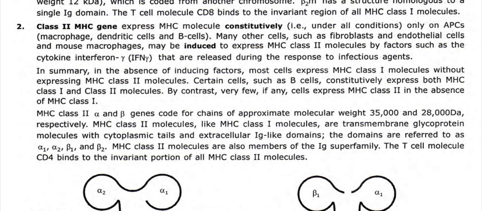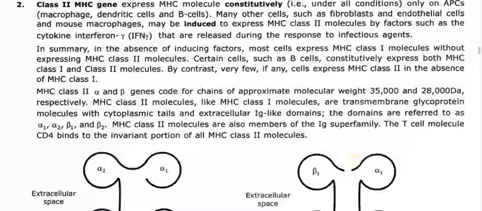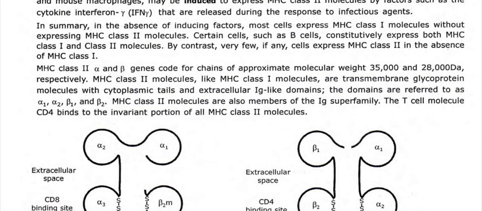In summary, in the absence of inducing factors, most cells express MHC class 1 molecules without expressing MHC class 2 molecules. Certain cells such as B cells constitutively express both MHC class 1 and 2 molecules. By contrast, very few if any cells express MHC class 2 in the absence of MHC class 1.